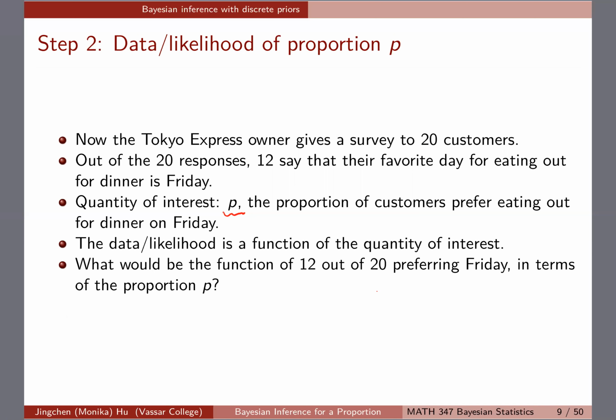The data or likelihood is a function of the quantity of interest. Keep in mind, later in other models, we're going to work with likelihood as well. But regardless, it's a function of the quantity of interest, the unknown parameter.